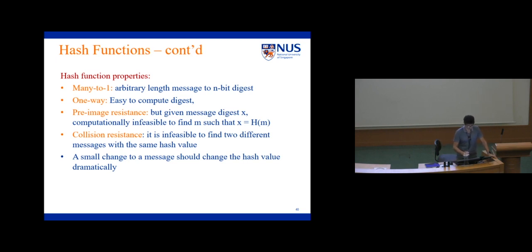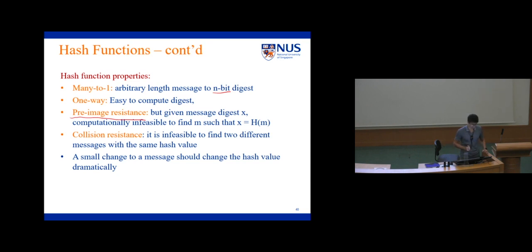So first of all, a hash function is many-to-one. It can take any arbitrary length message and output a fixed size n-bit digest. It should be one way, meaning that computing the hash should be easy, but the other way around, very difficult. The other way around meaning you cannot compute the message from its digest.